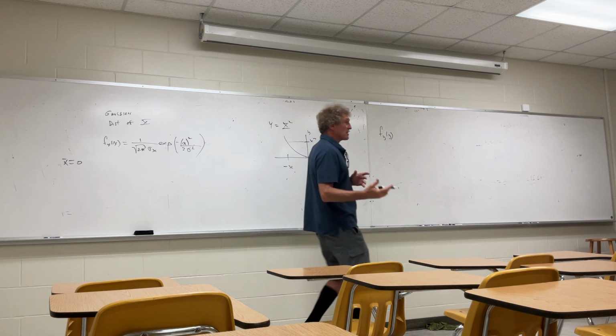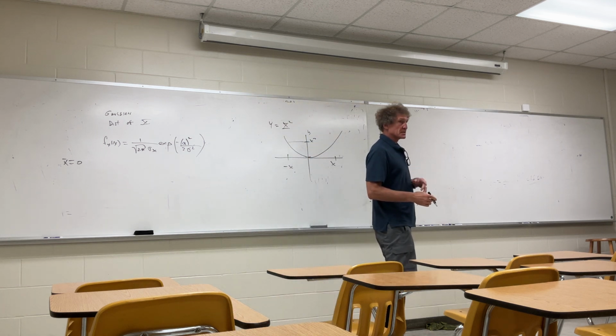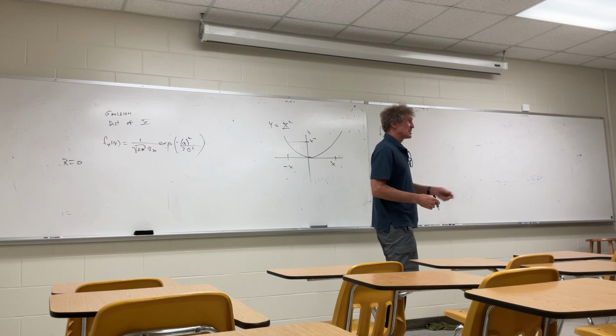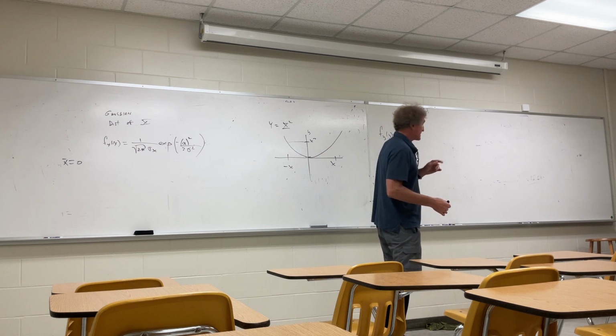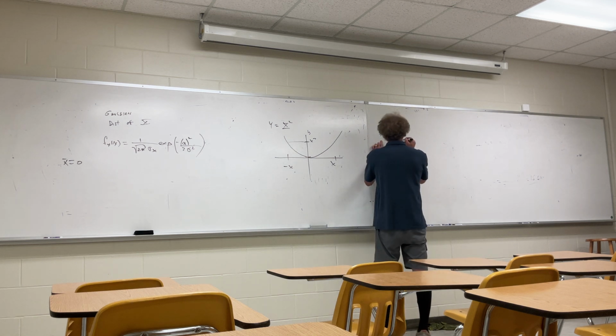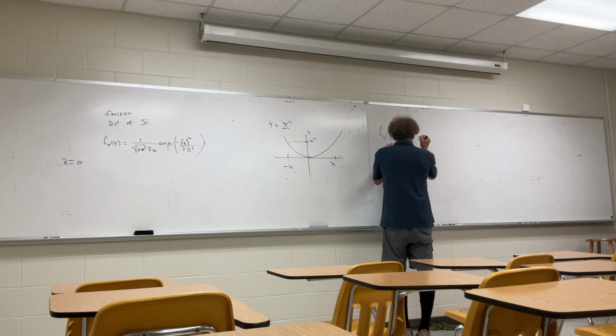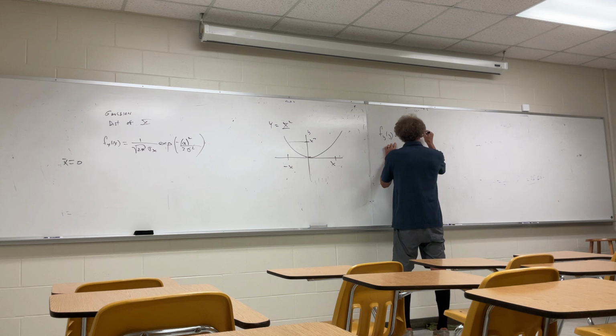But we know the standard way to get a probability density function, if we have a probability density function of x, f of x, and then we have a function y that's a function of x, then we can get it this way. f y dy is equal to f of x dx.